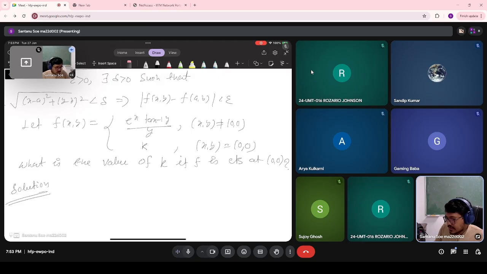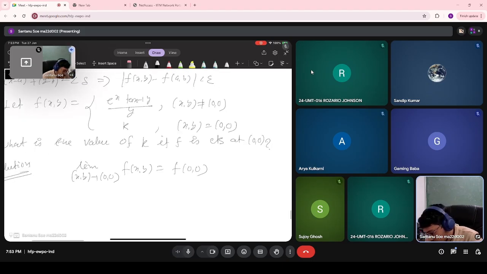Okay, so now what is the definition of continuity? We just wrote that if the function is continuous at 0 comma 0, then limit x y tends to 0 comma 0 of f of x comma y equals f of 0 comma 0, right? In the question it is given that f of 0 comma 0 is k. So we just have to find the limit of this function.